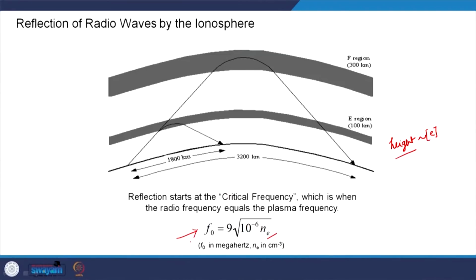So, always remember this particular formula: the plasma frequency is given by 9 times the square root of 10 to the power of minus 6 Ne, and this frequency is given in megahertz. Okay. So, this is the important thing. Depending on the type of communication you want to achieve, you will take a suitable frequency, and this frequency will have a characteristic height at which it will get reflected from the ionosphere.